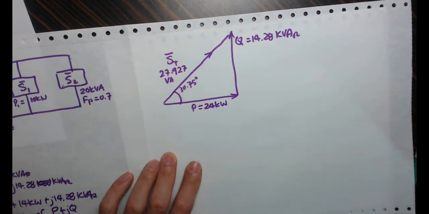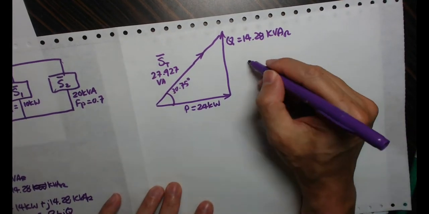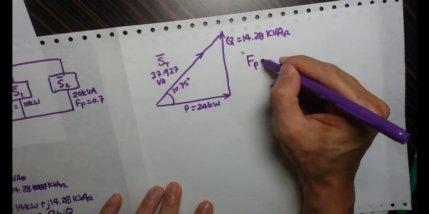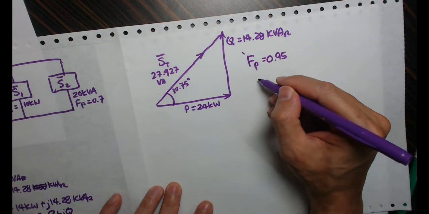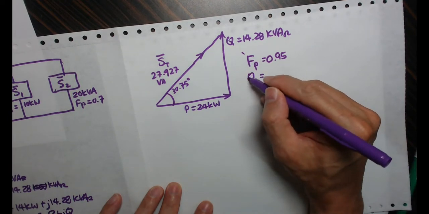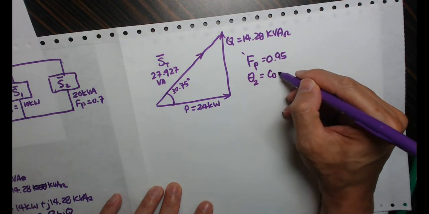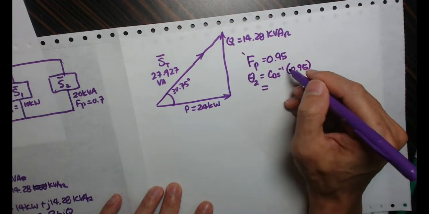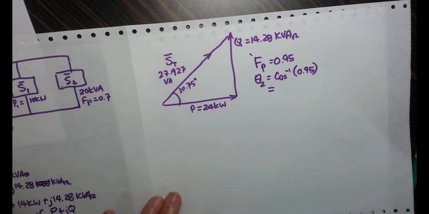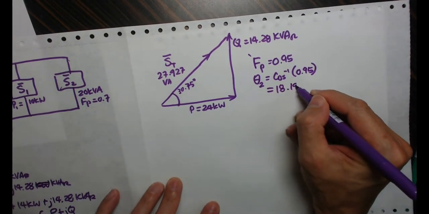So in order to improve the power factor, what we want to do is improve the power factor to 0.95. Now this corresponds to a new angle theta 2, cosine inverse of 0.95. That gives me a new angle of 18.19 degrees.